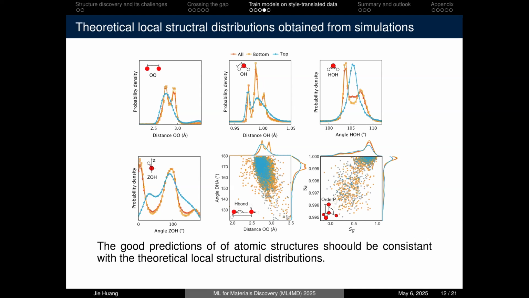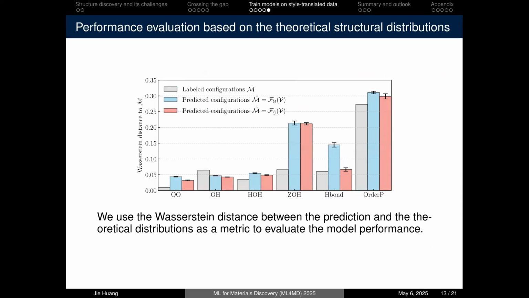We believe that a good prediction of the atomic structure should be consistent with this theoretical local distribution. So we used our structure discovery model to predict the structures, and then we also calculated the corresponding distributions. Then we calculated the distance between the reference distribution and the predicted distribution, and here is our result.